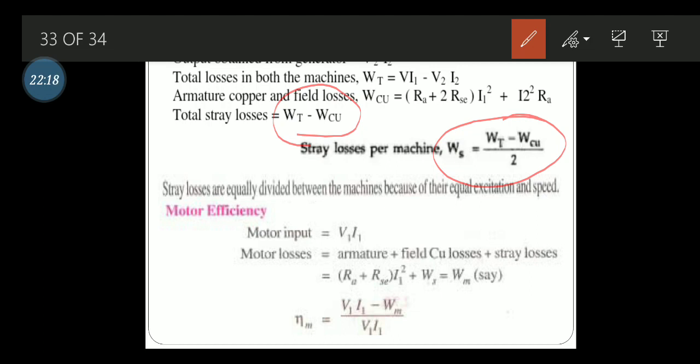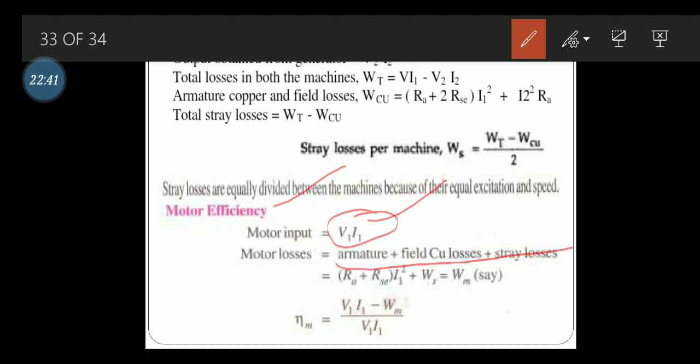Now, how is the efficiency calculated here? Let us consider the motor efficiency. First we have to represent the motor input. The motor input is the product of the input voltage and input current, that is V1 into I1. Then the motor losses: all three losses are considered, armature copper loss, field copper loss and stray losses.